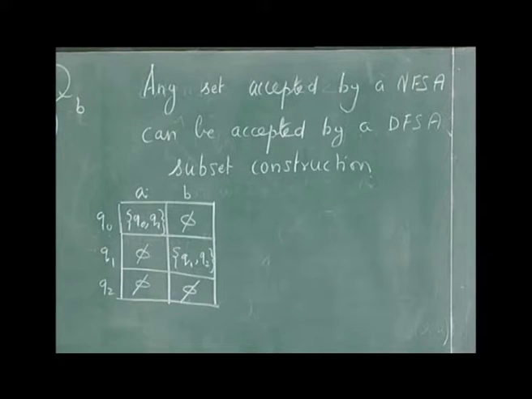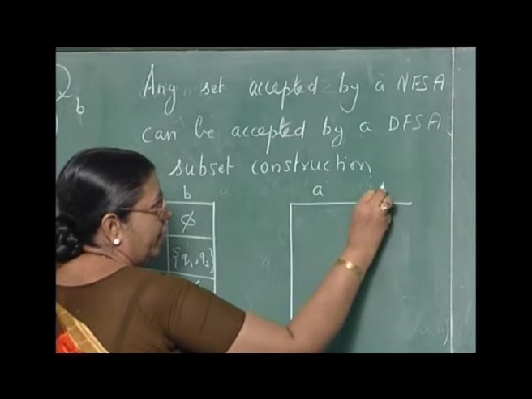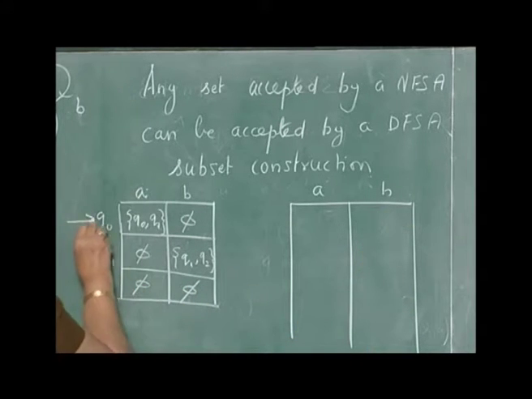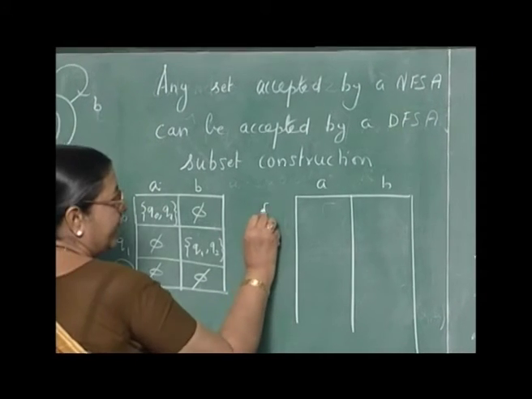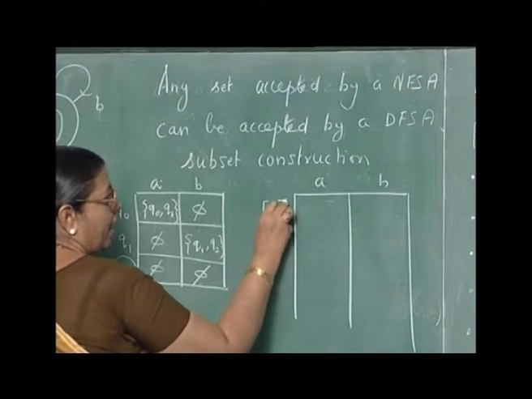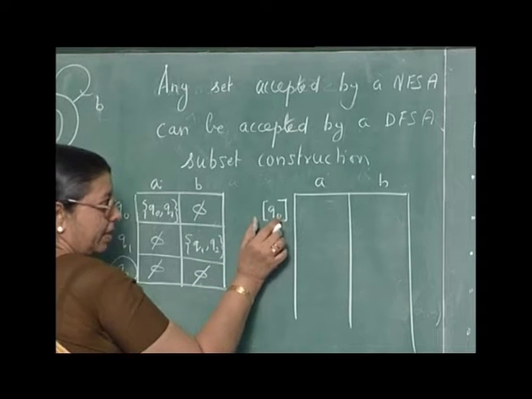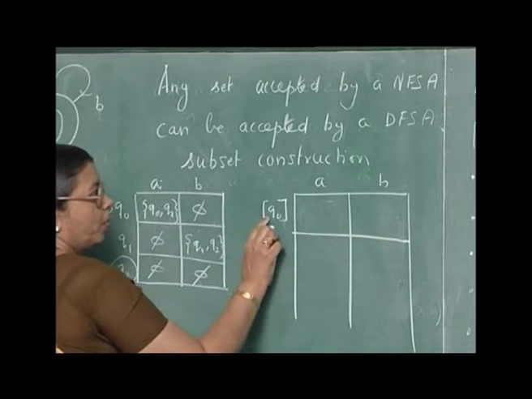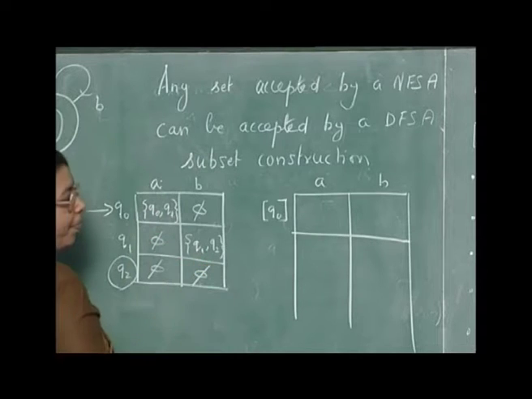Now, let us try to draw a state table, another one. What is the initial state here? This is the initial state and this is the final state. So, start with the initial state as a set like this. We are using square brackets to denote that it is a single state. Now, from q naught, if you read a, you can have the possibilities of q naught and q1.